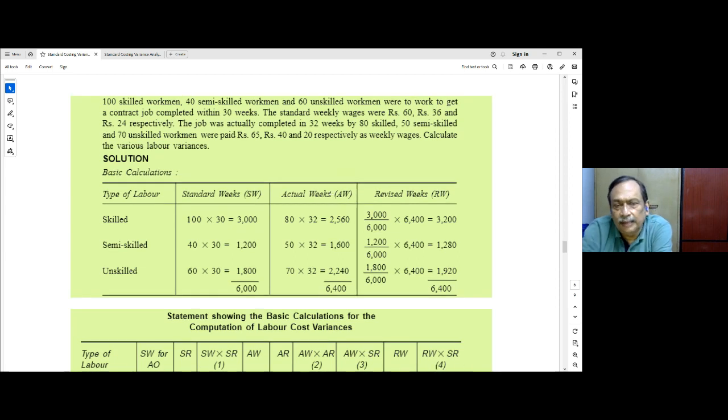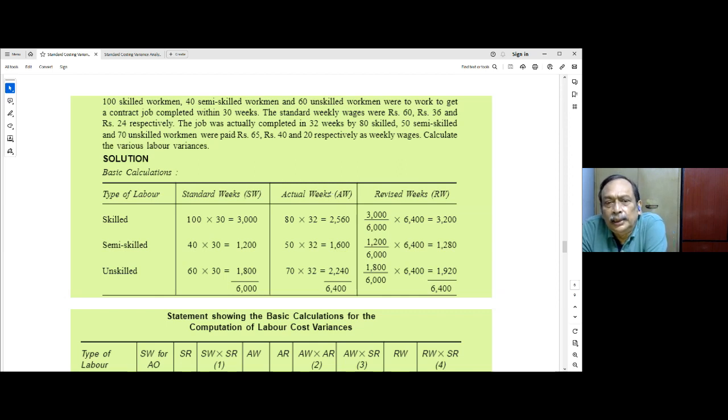So we take the figures from the problem, and for standard weeks we write 100 into 30, that is 3,000. Semi-skilled 40 into 30, that is 1,200. Unskilled 60 into 30, that is 1,800. So total standard weeks is 6,000.